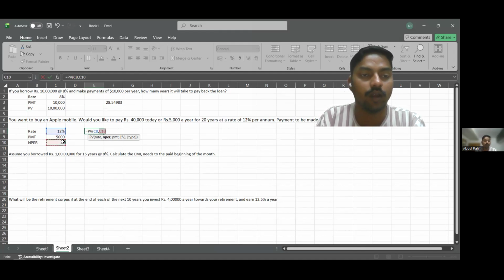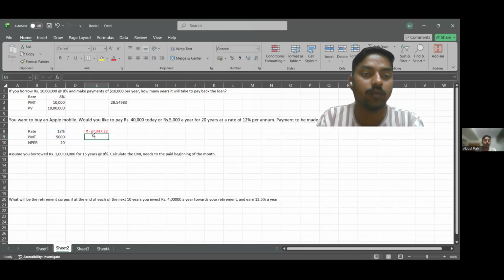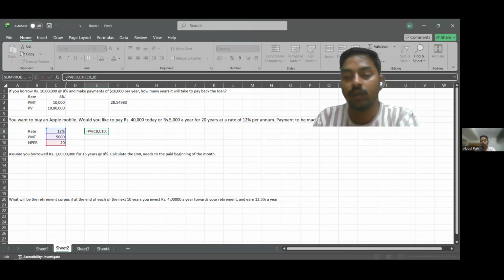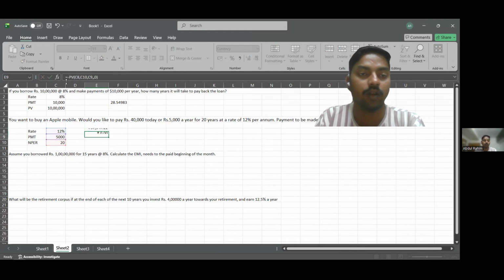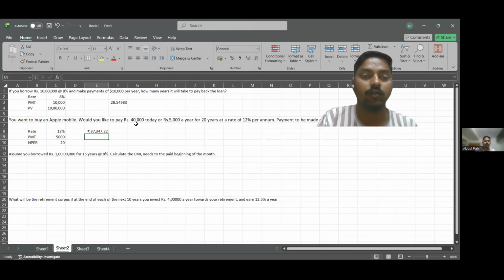First NPER, then PMT. It is 5,000 at the end of every year. Bracket close. We can put a negative sign, and it gives us 37,347. That is less than 40,000. So we are going to pay 5,000 every year.